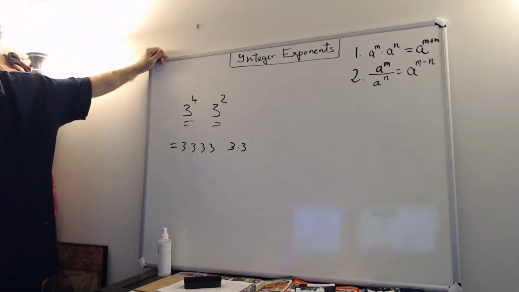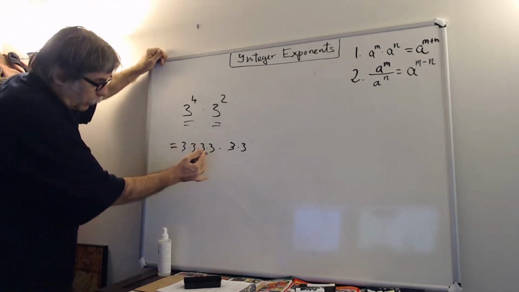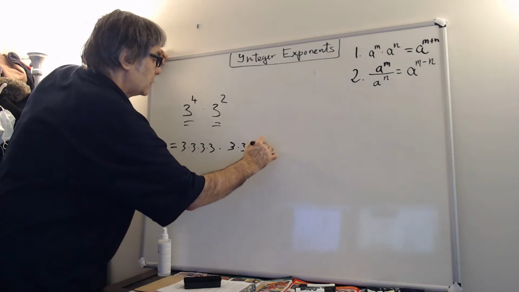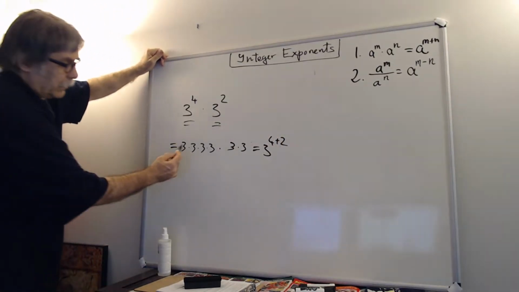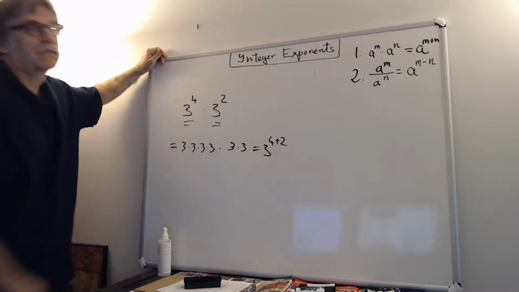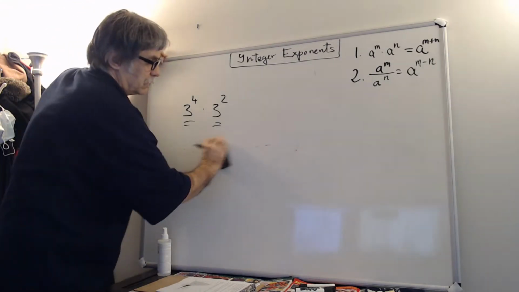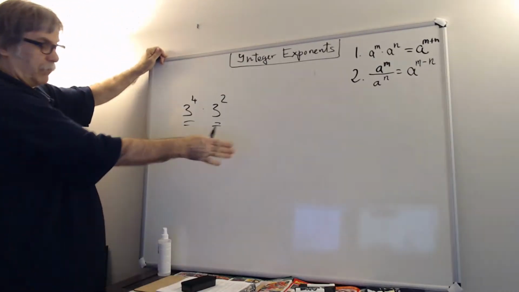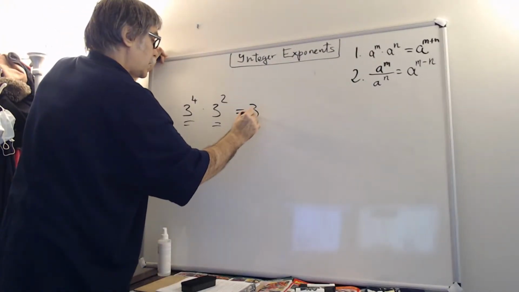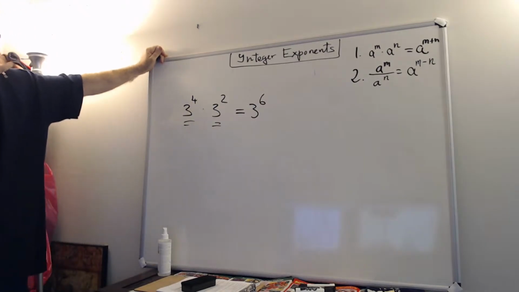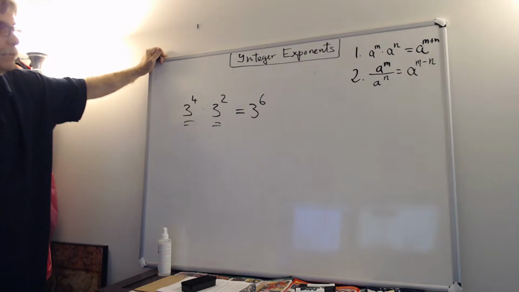And now you have to multiply them. So what do you have? You have 4 and 2, and that would be 3 with the power of 6. 1, 2, 3, 4, 5, 6. Okay, that makes perfect sense. So instead of writing all of that, you can just immediately use property number one: 3 with the power of 6, which is 4 plus 2.